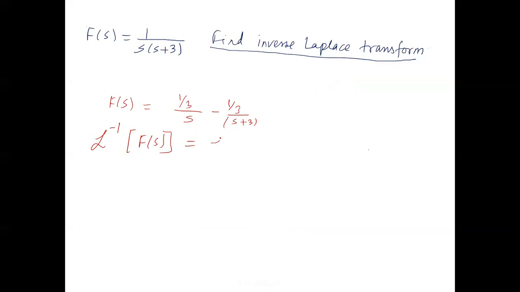So 1 over 3 is a constant and can be factored out, and 1 over 3 can be factored out of the second term too. Then you have the inverse Laplace transform of 1 over s plus 3.